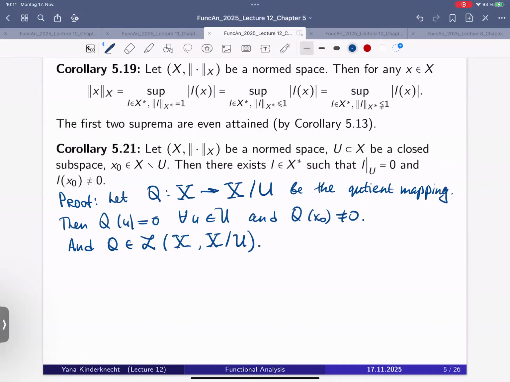Okay, further choose L tilde, a continuous linear functional on this space.